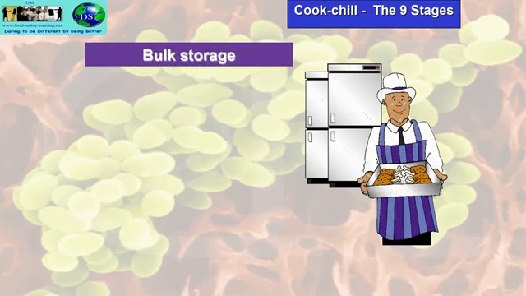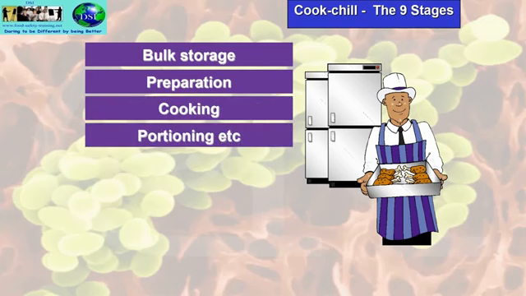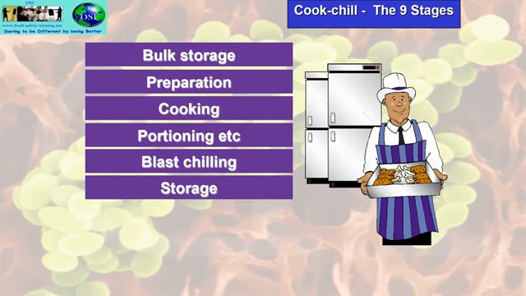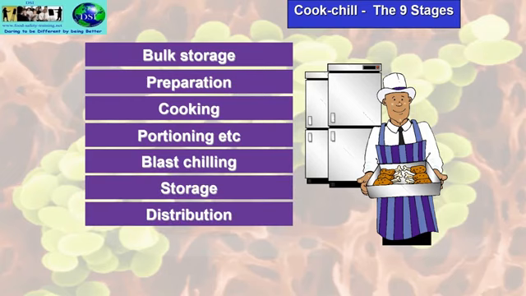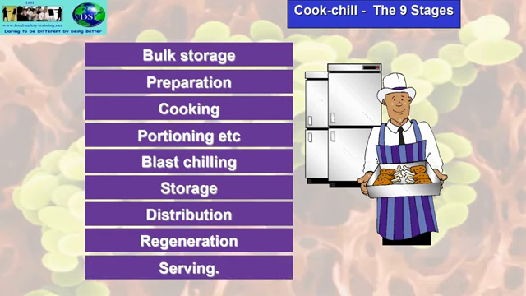Nine stages of cook chill. We have bulk storage, preparation, cooking, portioning, blast chilling, storage, distribution, regeneration, and serving.